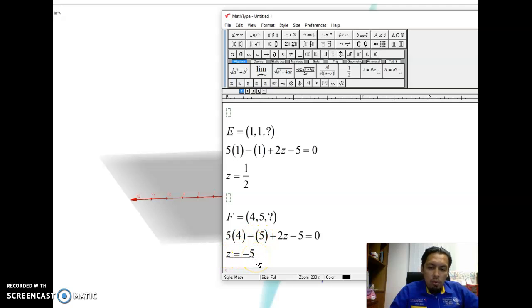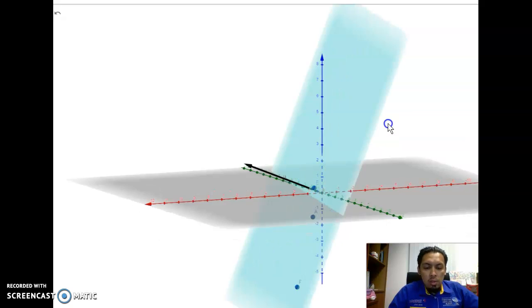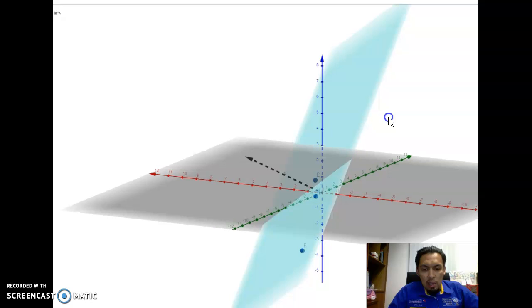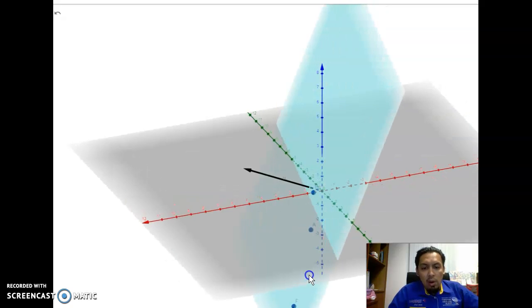So to stay on that plane, when x is 4 and y is 5, z should be negative 5. If you plot it in this chart, you should get E there and F here. This is where 4, 5, negative 5 is, on the plane.